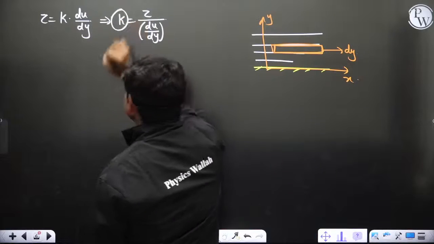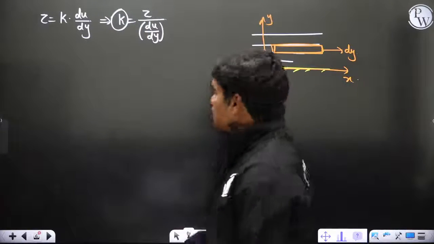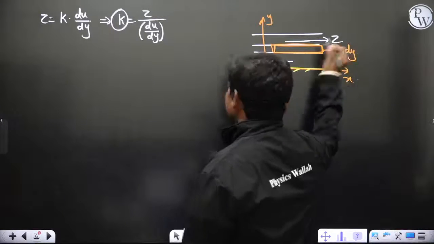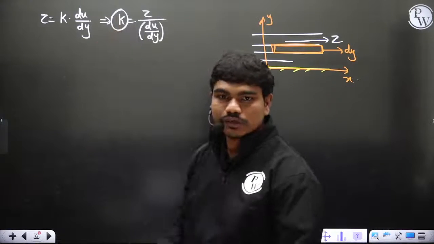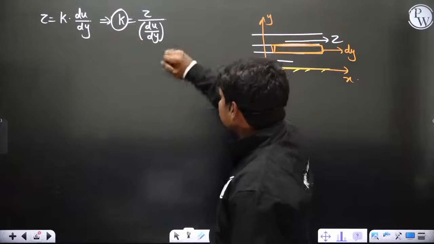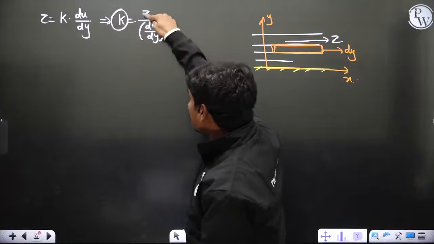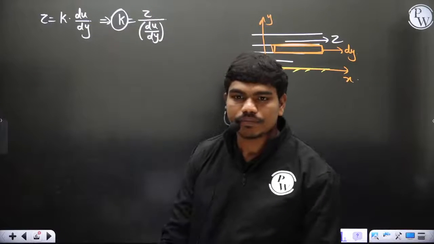This quantity tells about one thing, that to move these layers, what shear stress should I apply. That's what this constant k tells you, yes or no? This constant k tells you that to provide 1 unit of this velocity gradient, what tau should I apply, yes or no?